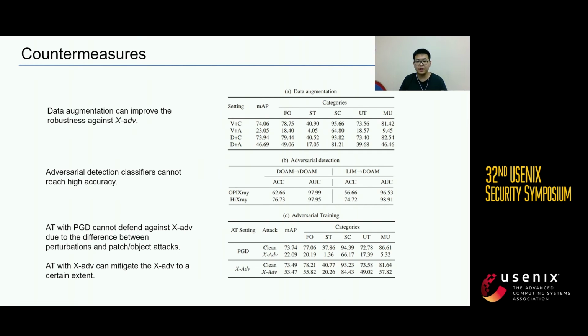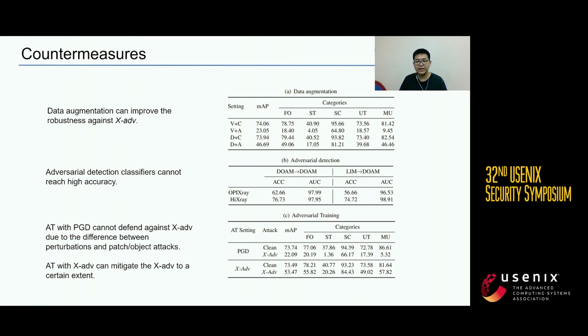We propose 3 possible defenses and evaluate our X-Adv against them. Data augmentation introduces additional adversarial object-like patches into the original images, and we find it can improve the robustness of detection models. Adversarial detection aims at detecting the existence of adversarial examples.